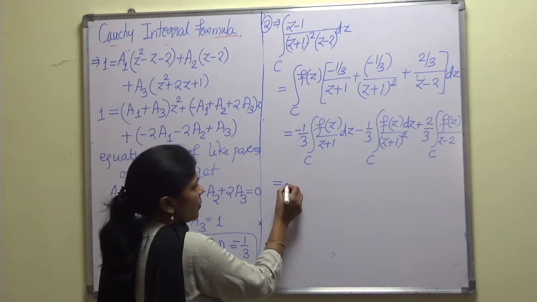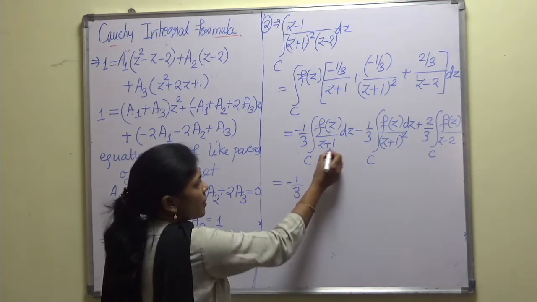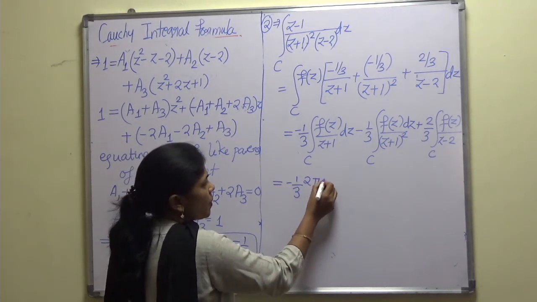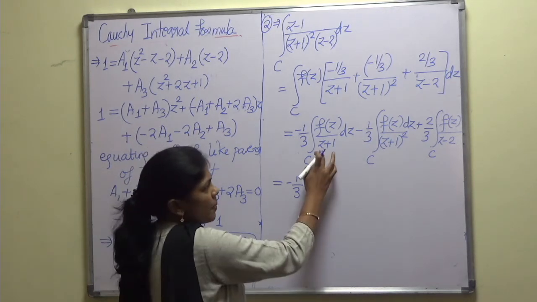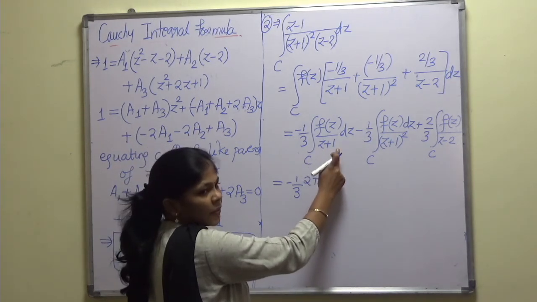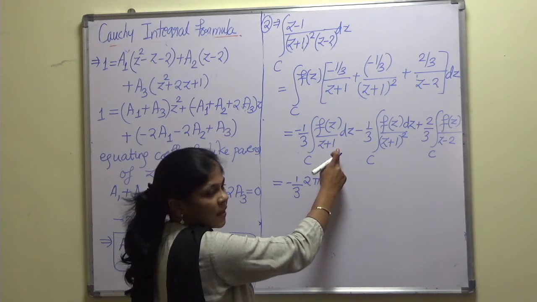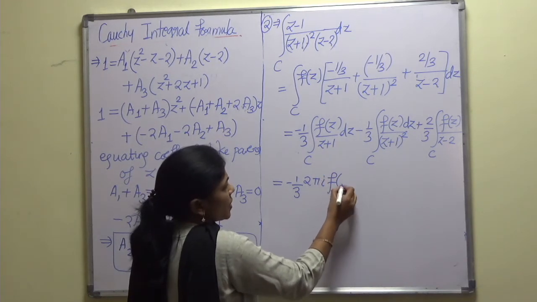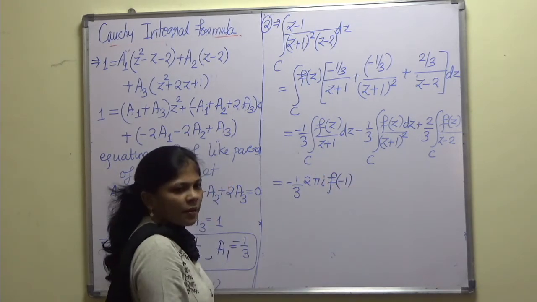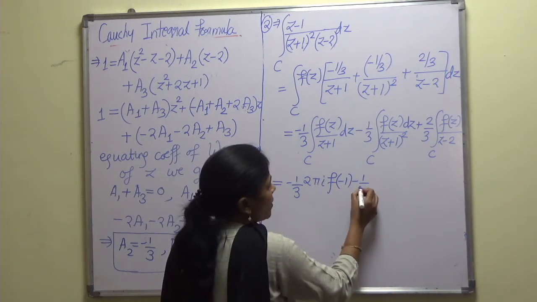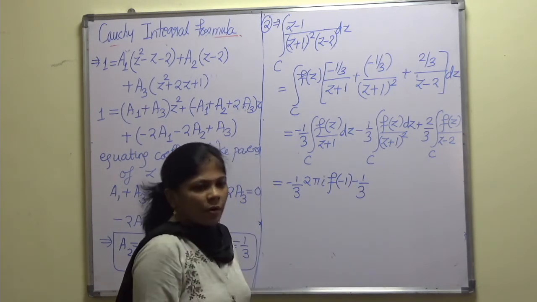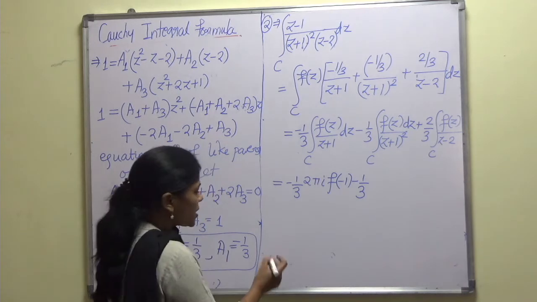So according to Cauchy integral formula, the value of this comes out to be 2 pi I. What is a? Compare it with z minus a, so a is minus 1, therefore it is f of minus 1, right. Then minus 1 by 3 according to the generalized Cauchy integral formula, which is nothing but this one.